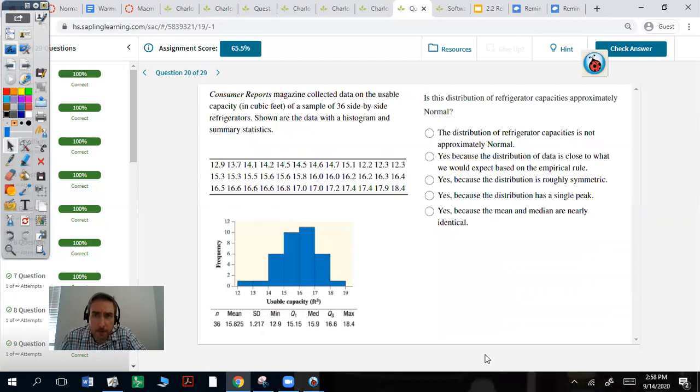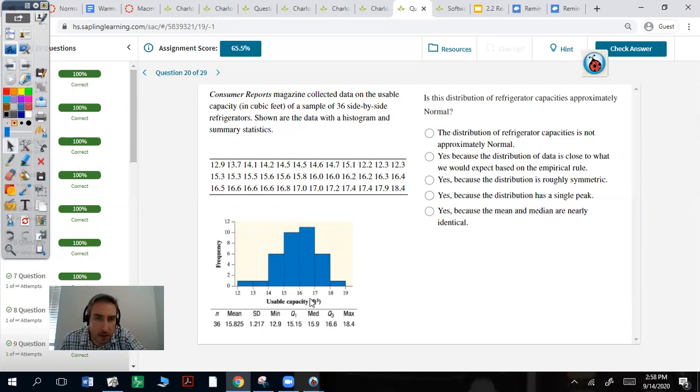All right, let's do this one. We're not going to enter all that in. The distribution of refrigerator capacity is approximately normal. Well, it's fairly symmetric. Let's look at the mean and median.